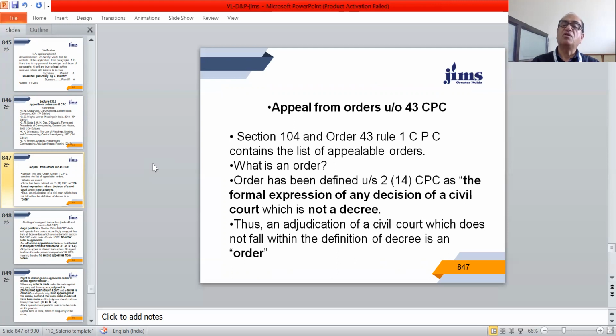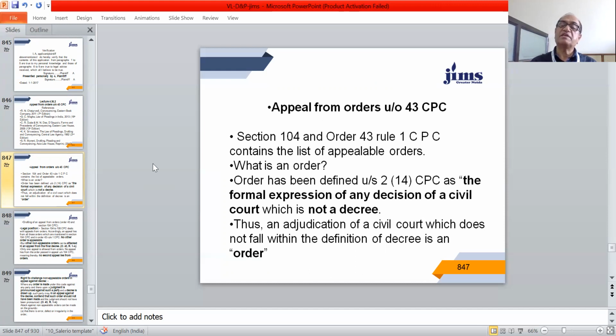Dear students, you must know the distinction between an order and a decree before you start drafting of memorandum of appeal from particular order. You see, word order has been defined in Section 2 clause 14 of CPC as the formal expression of any decision of a civil court which is not a decree.